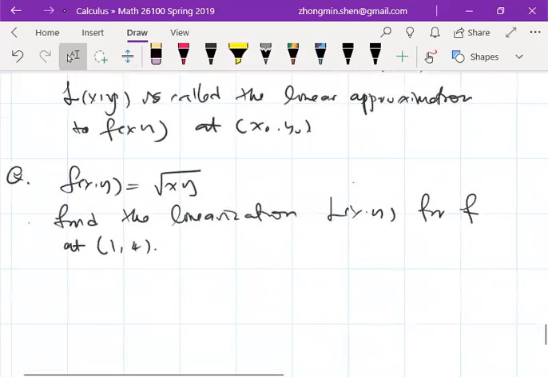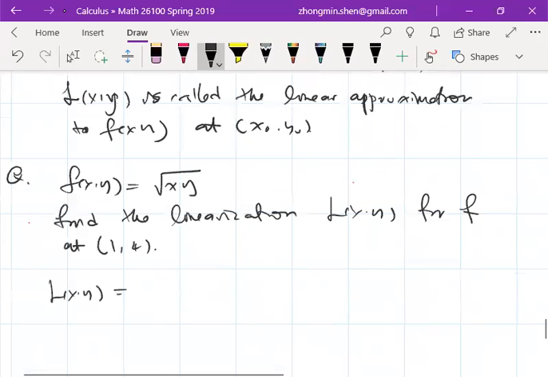So this is a complicated function, right? Square root of x times y. So I want to replace it by a linear function. How do we solve this problem? Do you remember, in Math 165, we had linearization of a function in one variable. So we have two variables, or maybe more. Step 1 is to write down the formula.